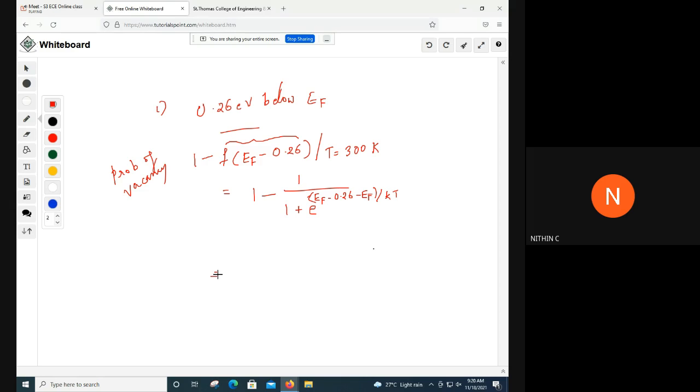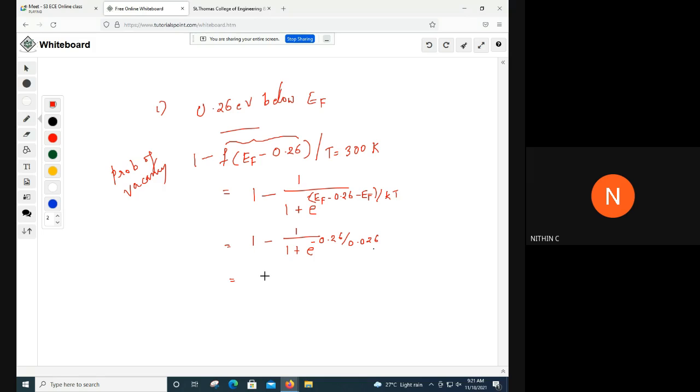So it will be again equal to 1 minus 1 by 1 plus e raised to minus 0.26 by KT, with T equal to 300 Kelvin. We know that value. KT value at T equal to 300 Kelvin is 0.026.